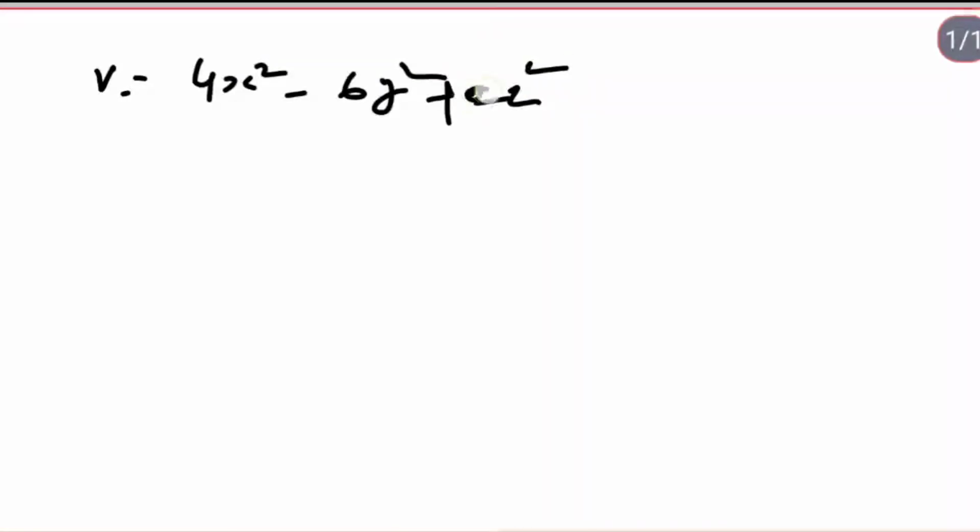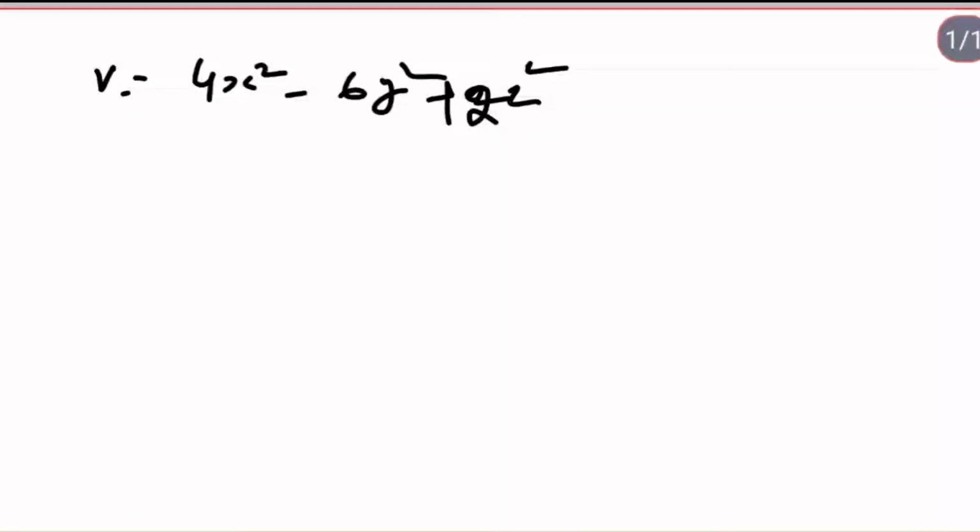Let us consider the potential gradient and Laplace's equations with one example to understand. Verify whether the potential field V equal to 4x square minus 6y square plus 2z square satisfies Laplace's equation or not.